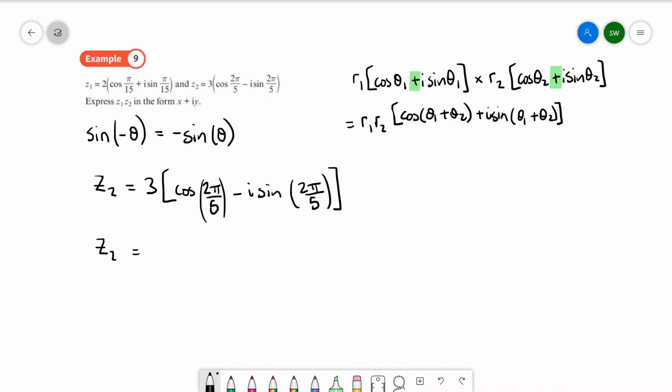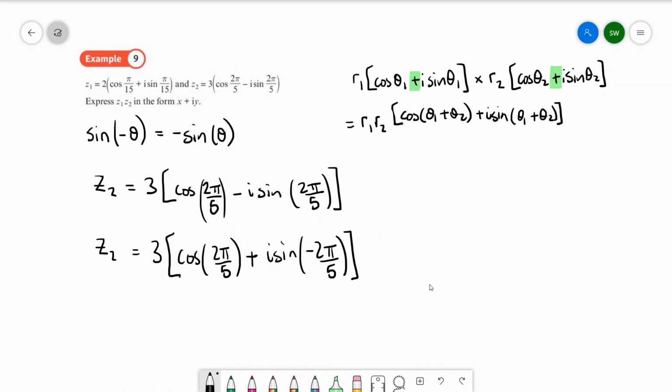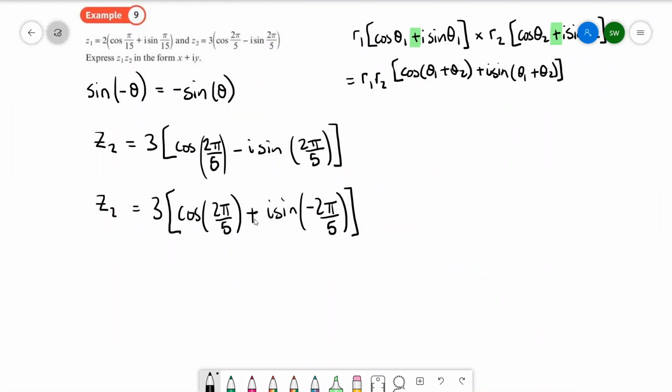So we could write z2 as 3 cos of 2 pi over 5 plus i sine of minus 2 pi over 5. Okay, so that's good because now we've got the plus in front of the i.